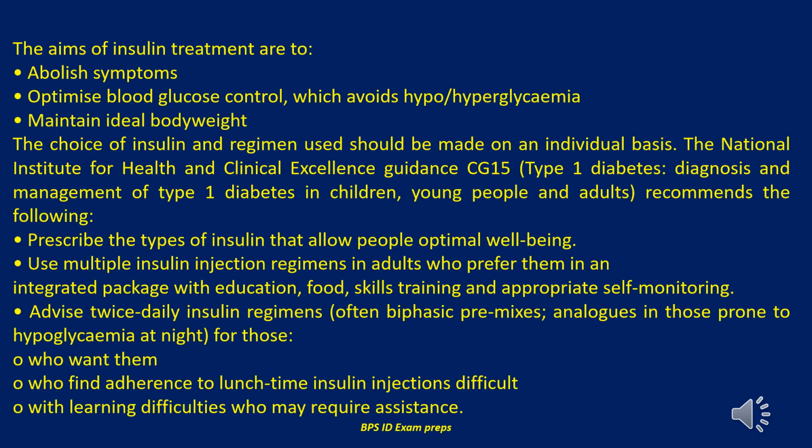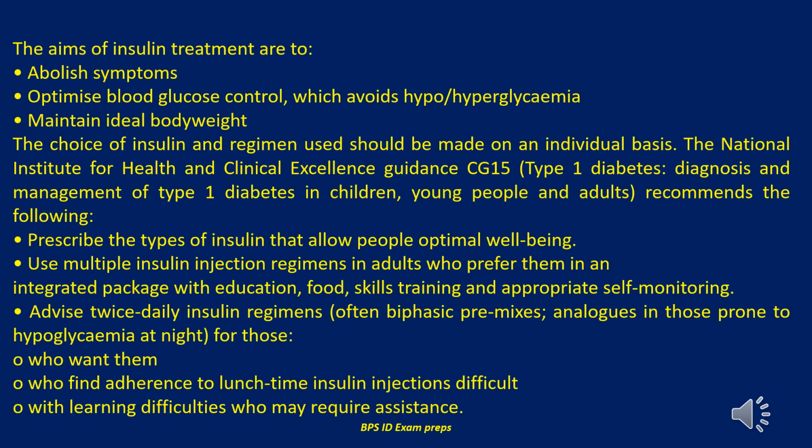The National Institute for Health and Clinical Excellence guidance CG15, Type 1 Diabetes: Diagnosis and Management of Type 1 Diabetes in Children, Young People and Adults, recommends the following: 1. Prescribe the types of insulin that allow people optimal well-being. 2.